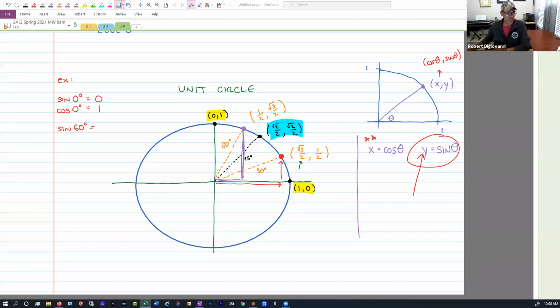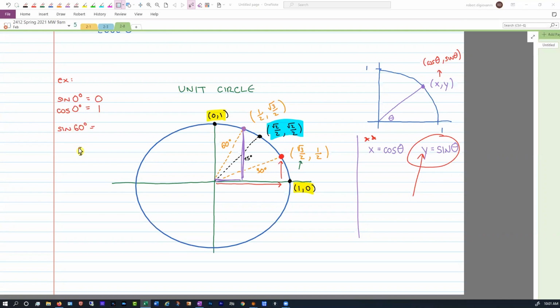Okay, so Jackson, if we're looking for sine of 60 degrees, the way I want you to think about this is because we're talking about sine, I want you to be thinking y coordinate, okay? So go to your unit circle, go to 60 degrees, and give me the y coordinate of that point. It's square root 3 over 2. Square root 3 over 2.